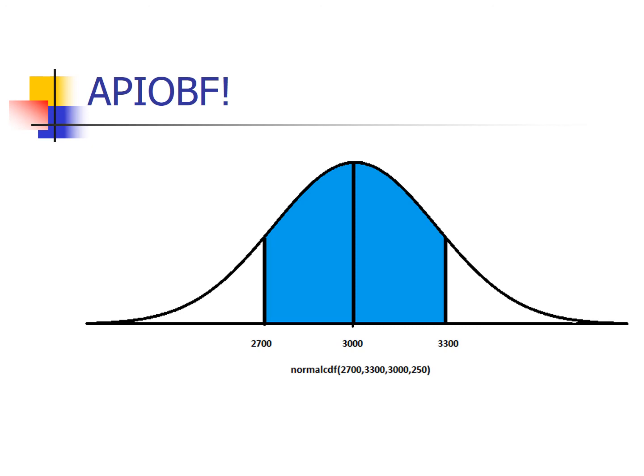The upper is your rightmost bound of your shaded area. That's 3,300. The mean is the center of your graph, so that's the 3,000, and the standard deviation we were given way back at the beginning of the problem. That's 250. So I put all those numbers in there, separated by commas, and I hit enter.